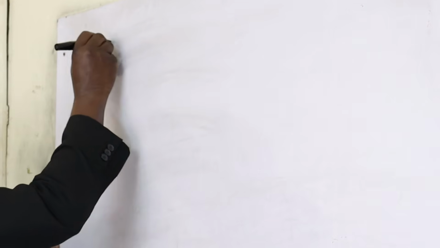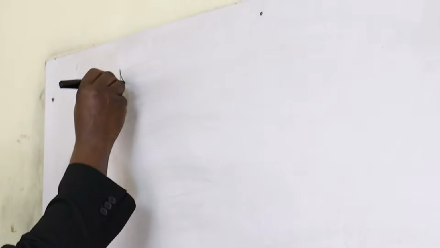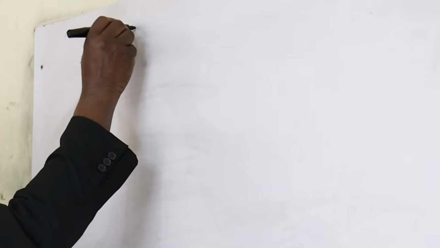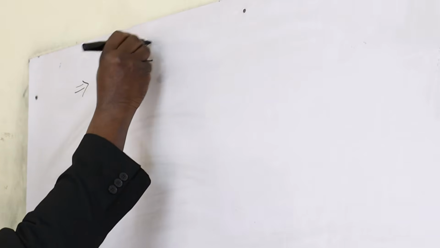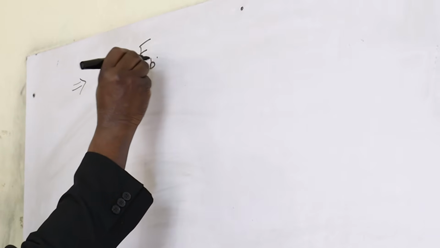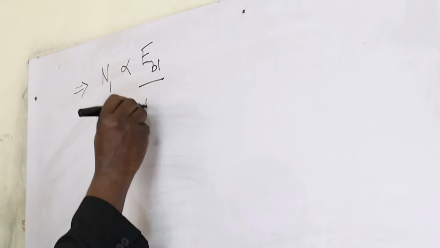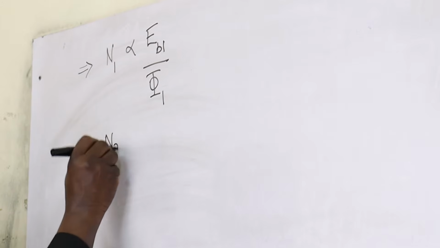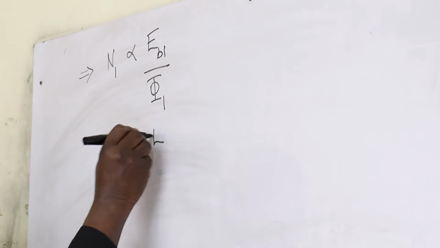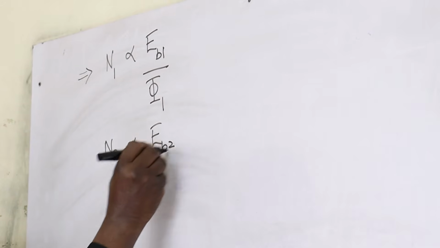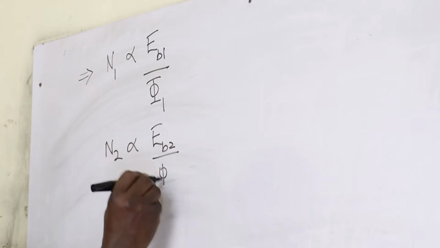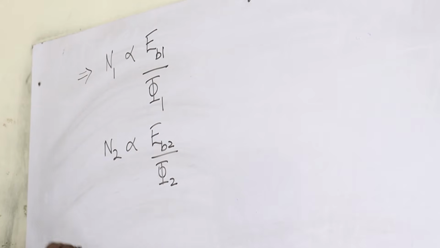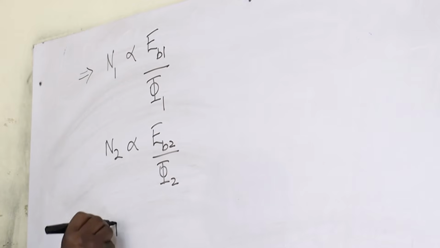This implies now N1 will be proportional to EB1 all over phi 1. And N2 will be proportional to EB2 all over phi 2. This implies what?